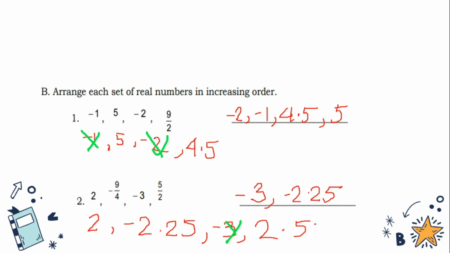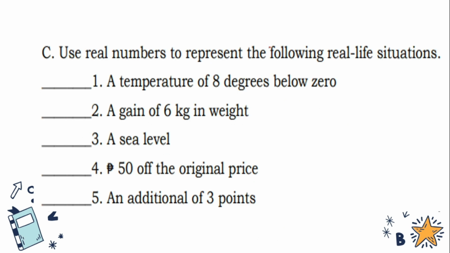Okay? Kaya mas maliit si negative 3. Then eliminate na yung dalawa. Next, ano yung mas maliit sa dalawa? The positive 2. And last is yung positive 2.5. Okay? So, pinakamaliit si negative 3, increasing papunta sa pinakamalaki na 2.5. Okay? That's it.